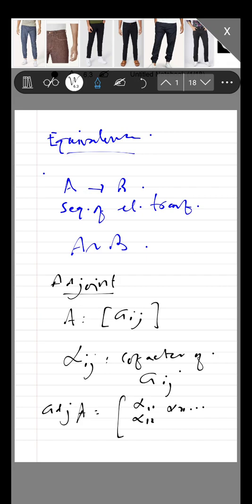Sorry, this should be alpha 21, and this should be alpha 12, like that, up to alpha nn. So this is what is known as the adjoint of A.